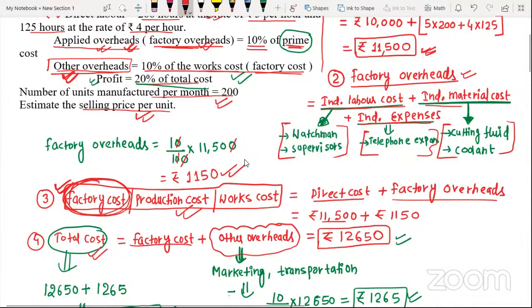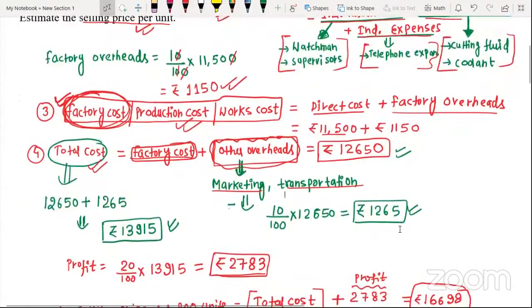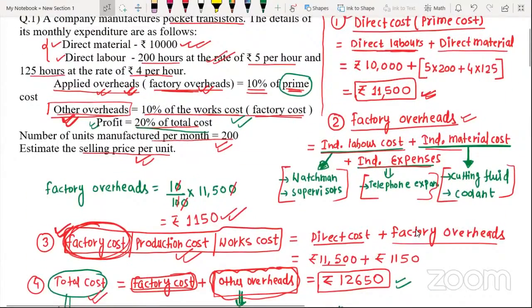Total cost is the summation of factory cost, the cost which is present inside the boundary of the factory, and the cost which is present outside the boundary of the factory. That is other overhead. It can be marketing, it can be transportation. So just take the summation. And other overheads, read the question.